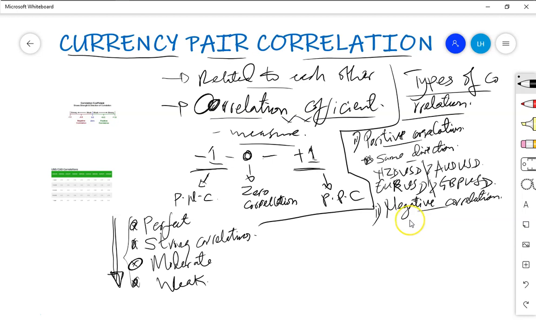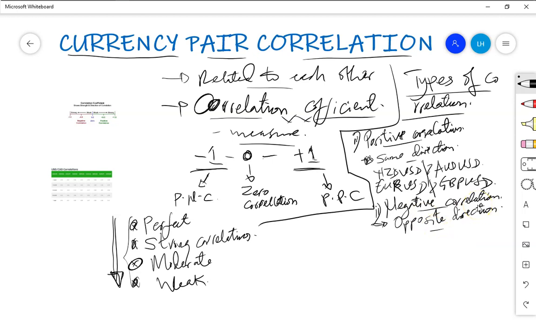A negative correlation is all about the idea that currency pairs move in opposite directions. Always two currency pairs move in opposite direction, and this is described as negative correlation. So if one pair is in a buy, another pair will be in a sell.